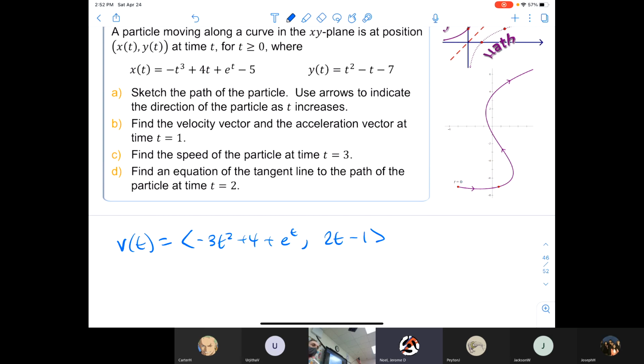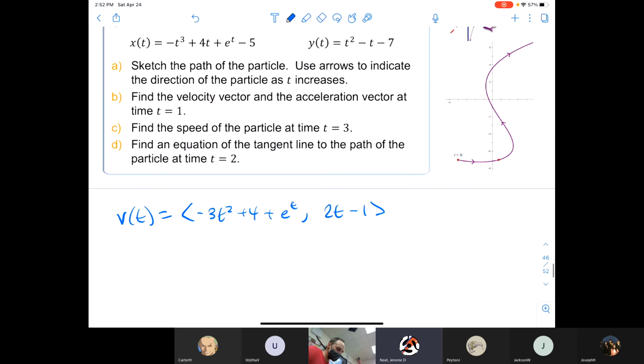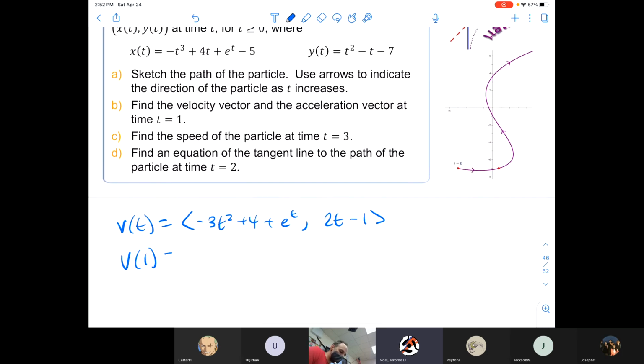Okay, so there is the vector for the velocity function, but then it wants it just evaluated at t equals 1. So just plug a 1 in there. Could you just plug that in and then do the derivative of the function? No, you can't plug it in first. You have to take the derivative first and then plug it in.